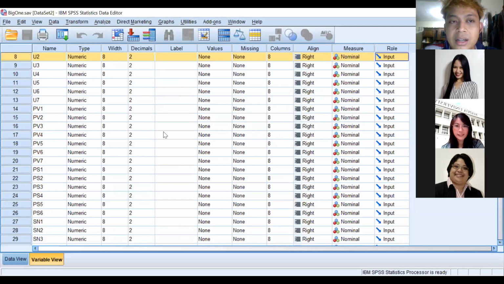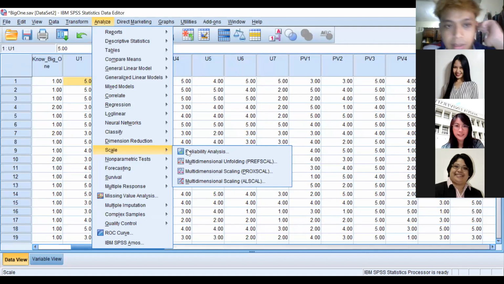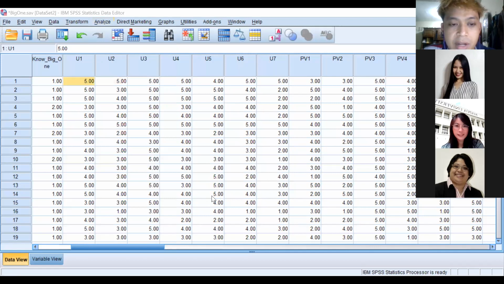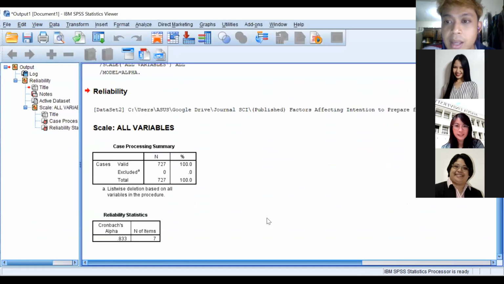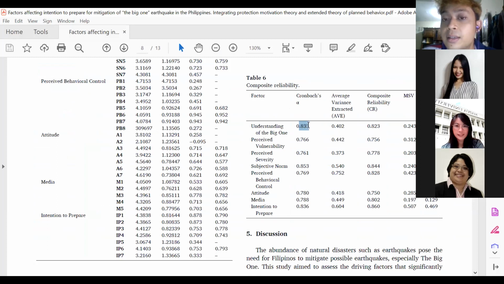What is the Cronbach alpha from U1 to U7? Of course we can do it. Reliability test, then we have U1 until U7. We do it manually one by one in this one. And then we get the result, 0.833. 0.833 is actually pretty good.